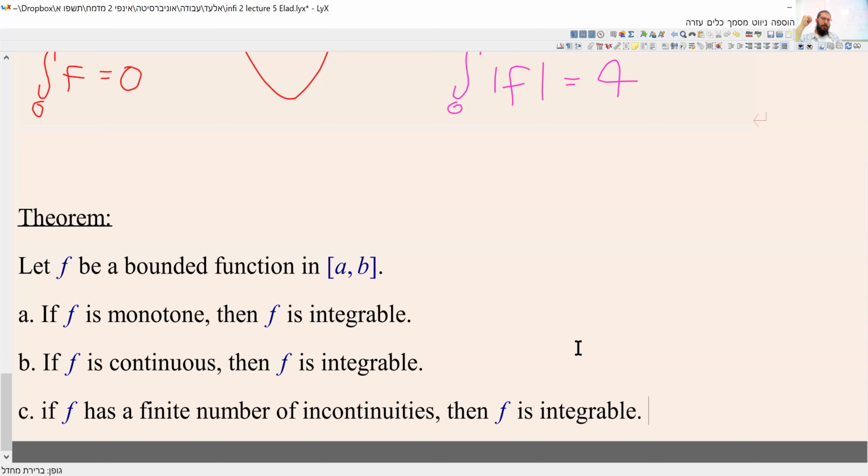Right now, we still don't have a nice theorem for calculating the integral. This will be the theorem next Sunday with the big F, but it is good for knowing that a function is integrable. And when we know that a function is integrable, we can choose a specific sequence of partitions and a specific sequence of point choosing in order to calculate the integral.